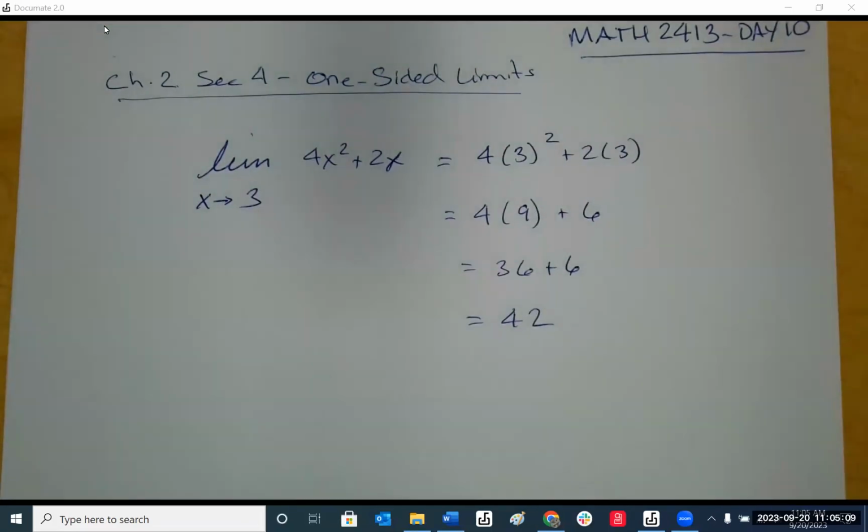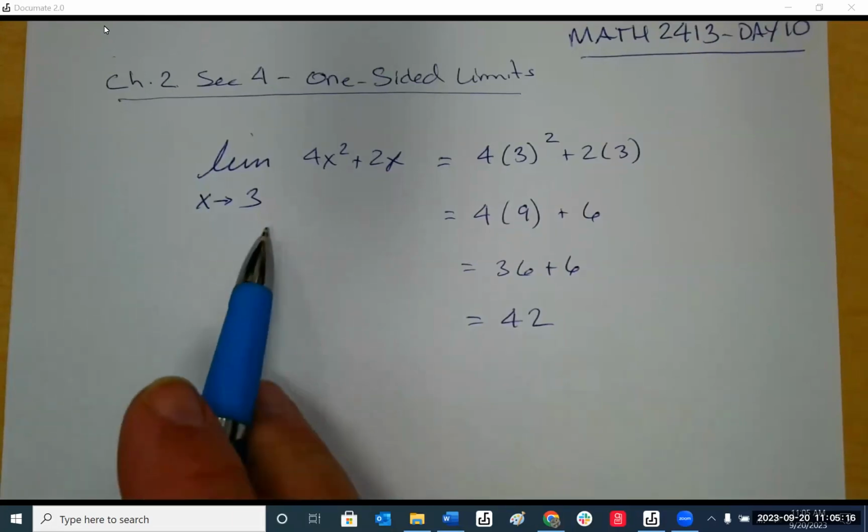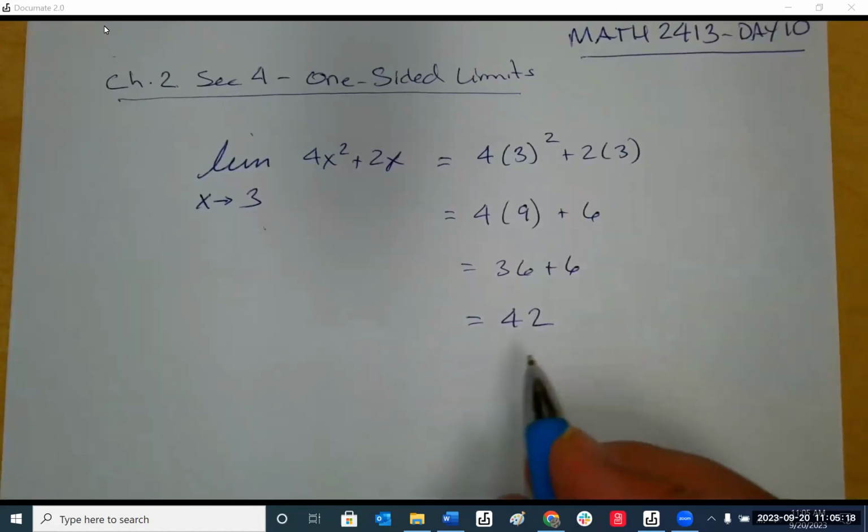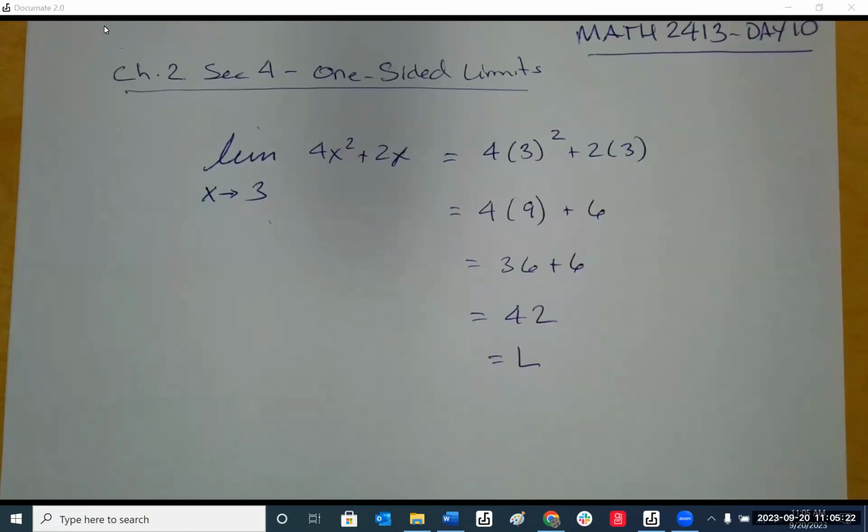Right. So we know that for this function, f of x, as x approaches 3, the limit value is 42. Because that's where it's approaching.